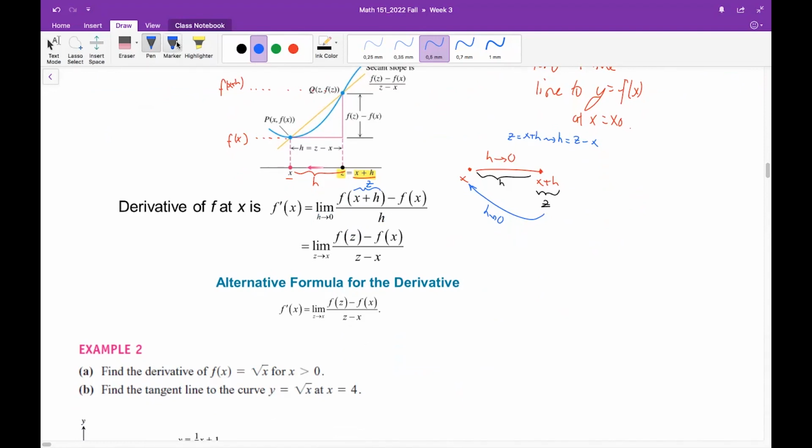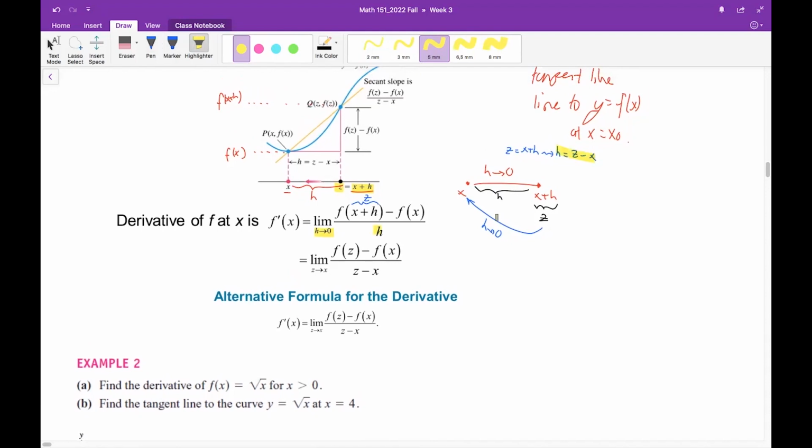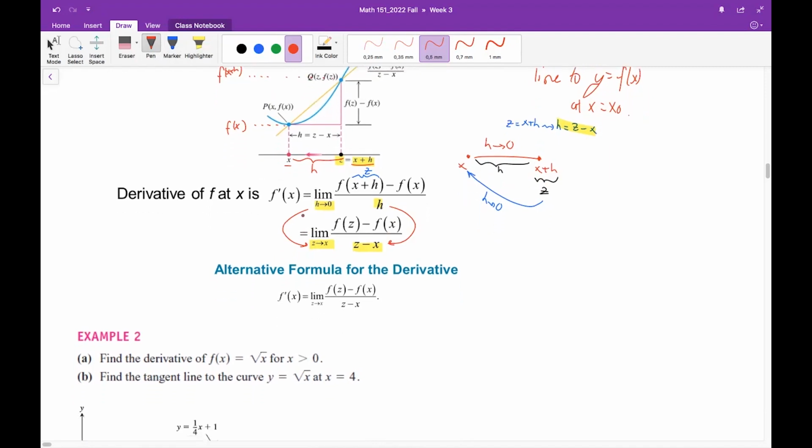And as h goes to 0 now, for the denominator, instead of h, you can write z minus x, right? And you also need to transform this part: z goes to x, okay? If h goes to 0, obviously this point approaches x. That's why this is the new alternative formula of that definition, okay?